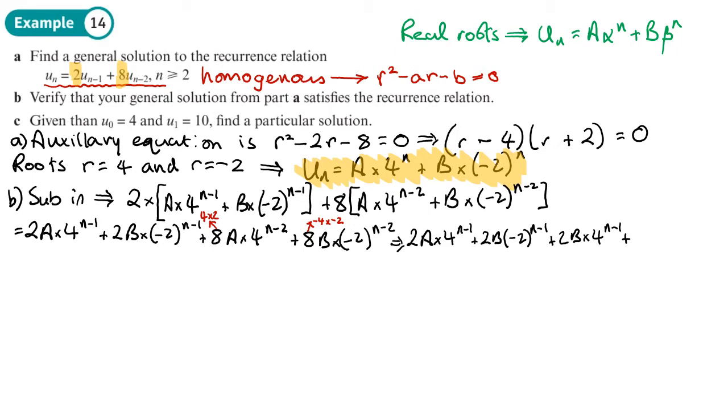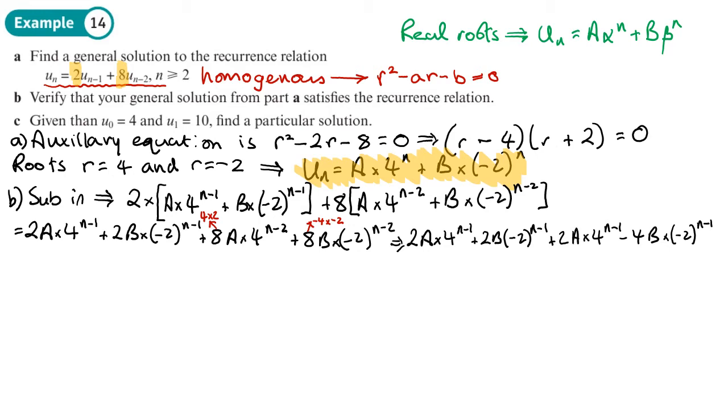And then it's going to be minus, because we've taken that factor out, so it will be minus 4 times b times negative 2 to the power n minus 1, because we've multiplied it by negative 2. We've taken that out as a factor from the 8. Just going to correct this here. That should be an a. You've probably spotted that. That shouldn't be a b.